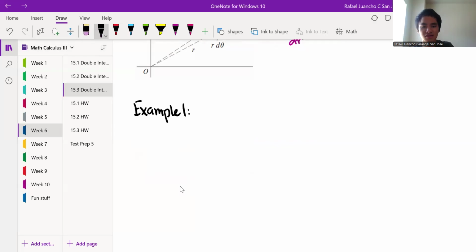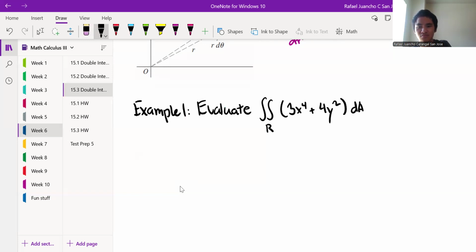So the first example tells us that we have to evaluate this integral, 3x to the fourth plus 4y squared, where R is the region in the upper half plane bounded by circles x squared plus y squared equals 1 and x squared plus y squared equals 4. So R is in the upper half plane.